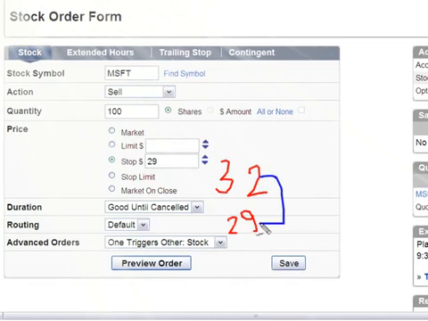Link them together. Why would you do that? Because that means as soon as your buy order is triggered, as soon as your 100 shares of Microsoft have been bought, automatically your stop loss at 29 will come into effect. So this is a good idea for linking both orders together rather than doing them separately.